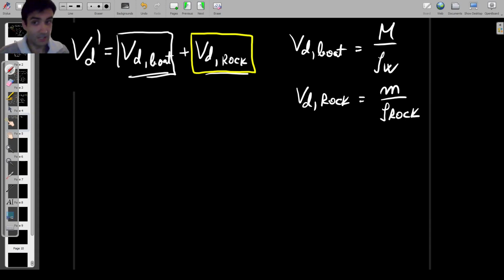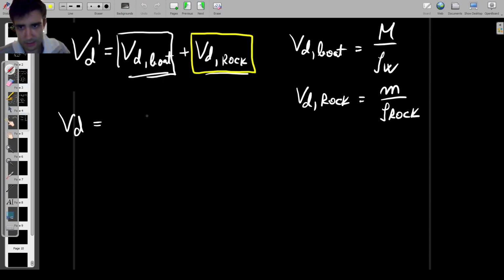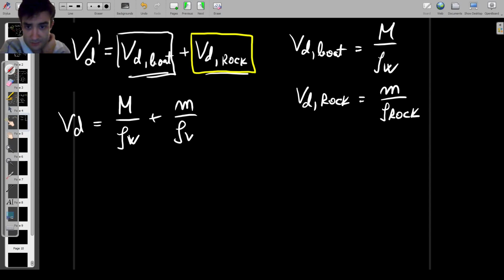Now, in the first case, when everything was in the boat, the displaced volume of the boat and the rock, everything together, was what I call equation 1. That is the mass, capital M, over the density of the water plus small m divided by the density of the water.